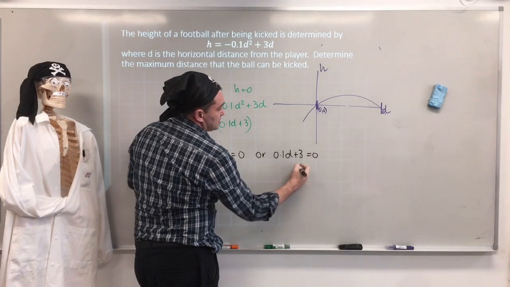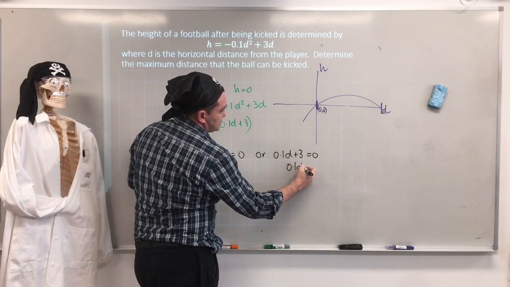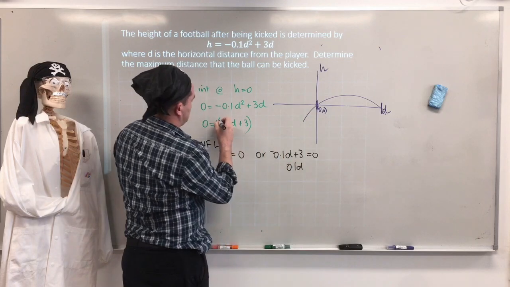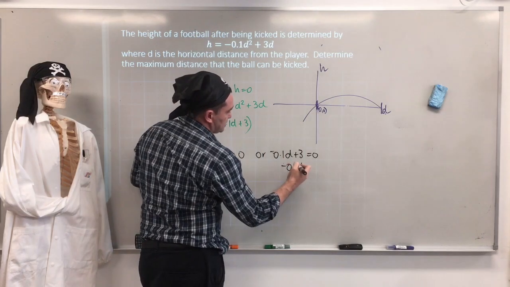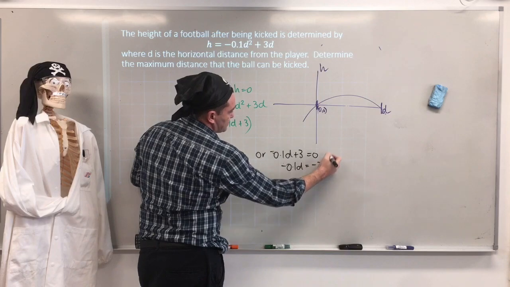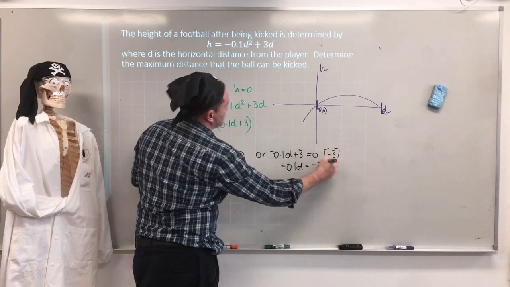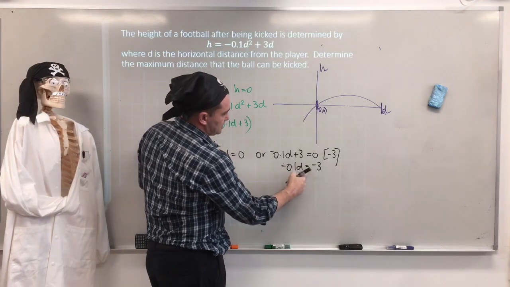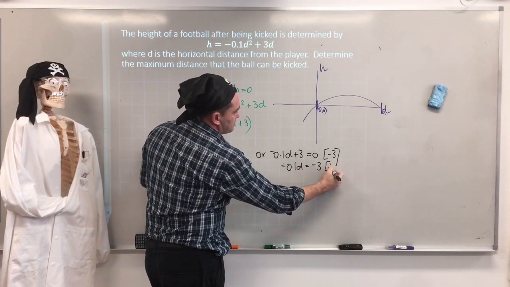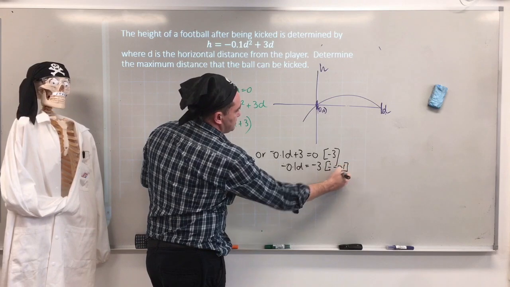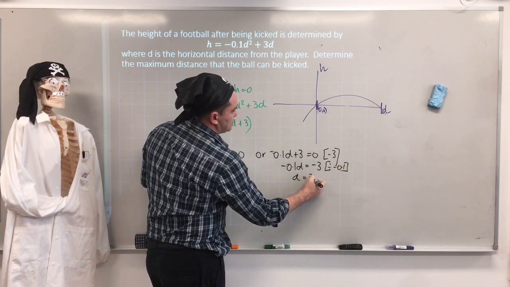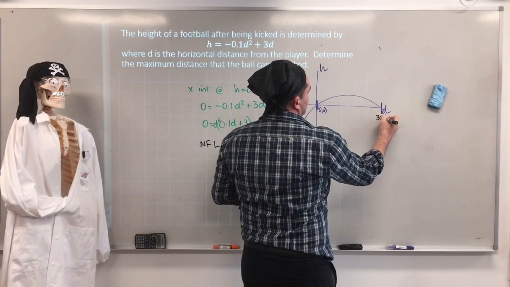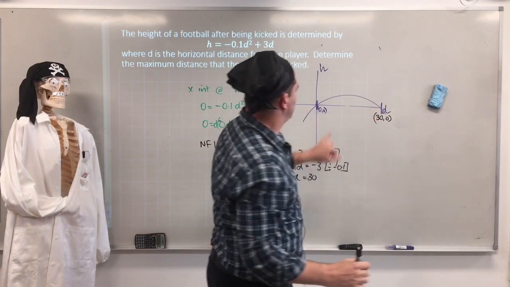So from here, negative 0.1 d equals negative 3. I did miss the negative in front here when I factorised down. Now we can divide by negative 0.1. So d equals 30. So we've got 0, 0 and 30, 0.